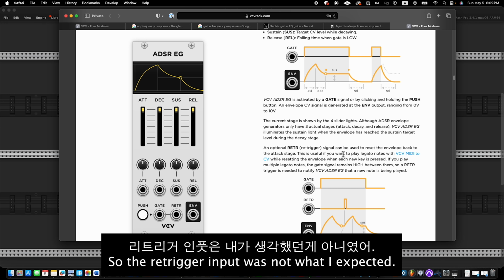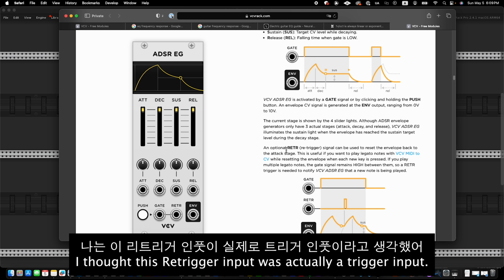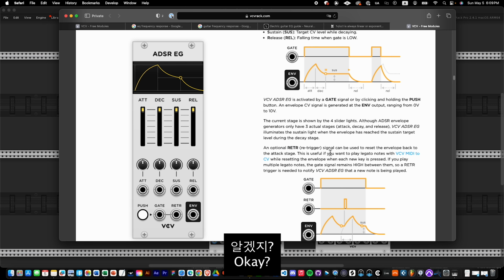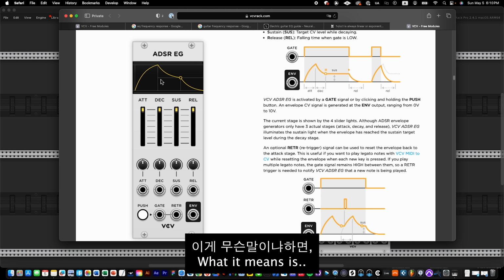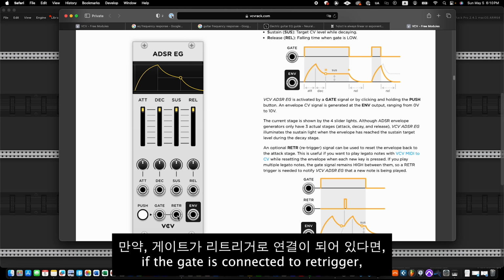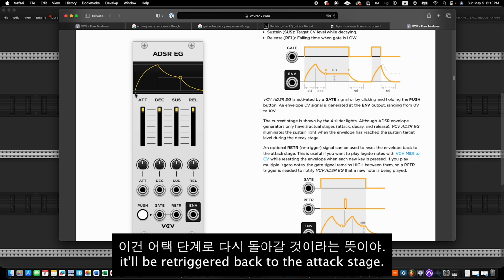The retrigger input was not what I expected. I thought it was the trigger input, but it was not. The retrigger signal can reset the envelope back to the attack stage. What it means is if the gate is connected to retrigger, it'll retrigger back to the attack stage.